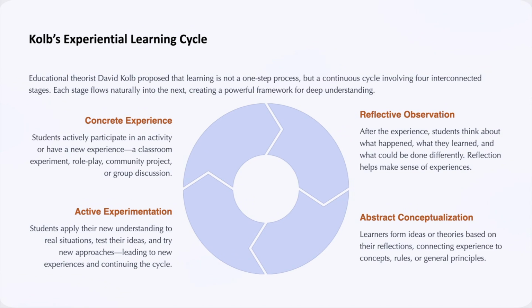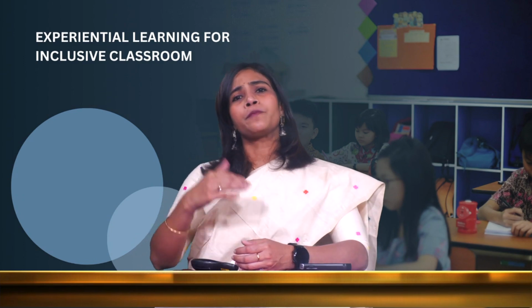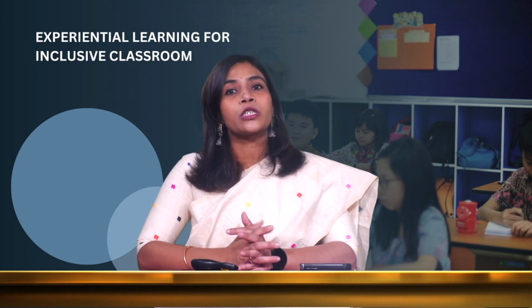Third, abstract conceptualization. In this stage, learners form ideas or theories based on their reflections. They connect their experiences to concepts, rules, or general principles. For example, after observing plant growth, students might conclude that sunlight and water are essential for plants. Fourth, active experimentation.